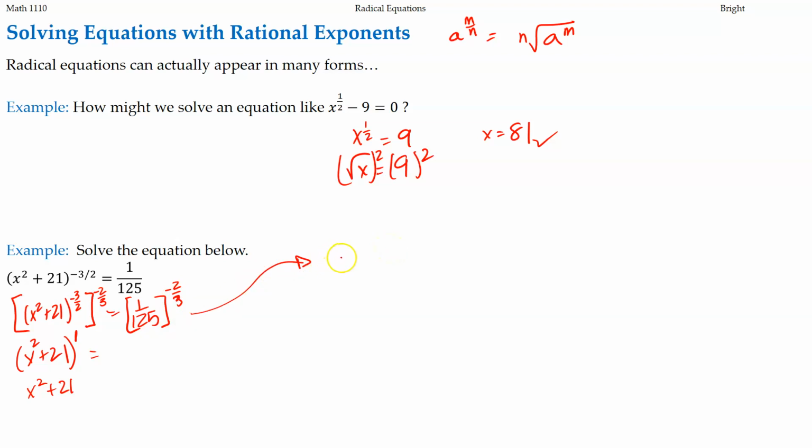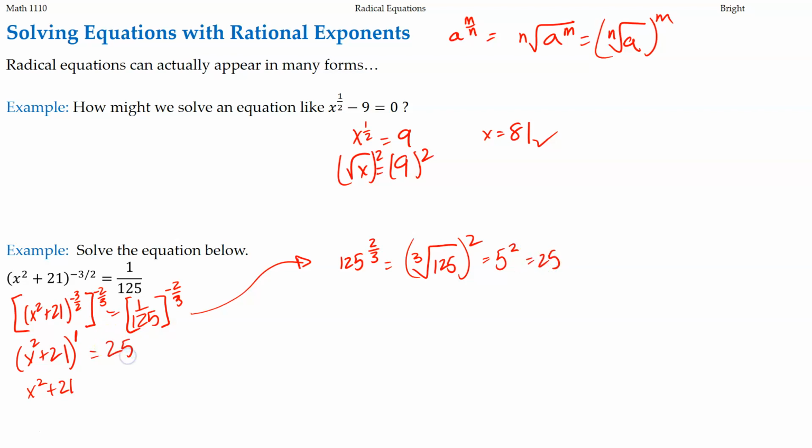If I make it positive first, that's going to be 125 to the 2/3 power in the numerator. Now this is really the same as saying the cube root of 125, squared. That was one of those other representations, the radical to the mth power, and this is the same as 5 squared, which is 25. So that's easier for me to work with.